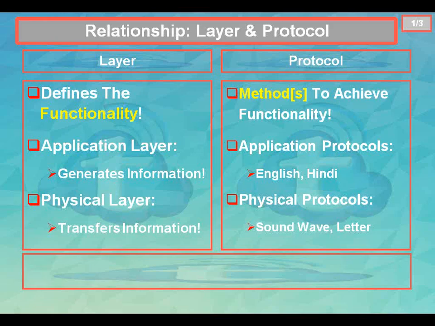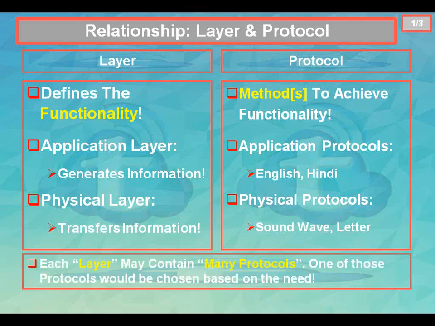So what's the point? Every layer may contain many protocols, right? We choose a protocol depending on the need. Based on the need, we choose the protocol. What does the need mean? I'll explain.